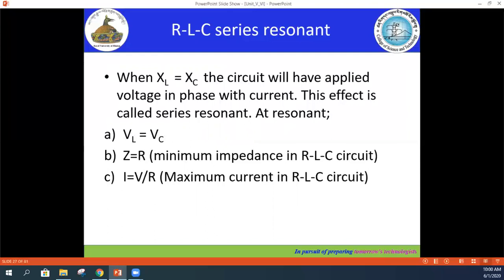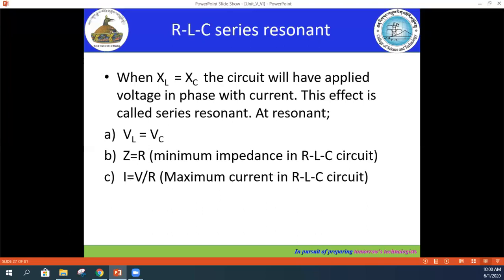And then during the series resonance, you will have the maximum current in the RLC circuit, because during the resonant time, your Z will be minimum, which means you can increase the current. When the Z value is minimum, you will have the highest value of the current.